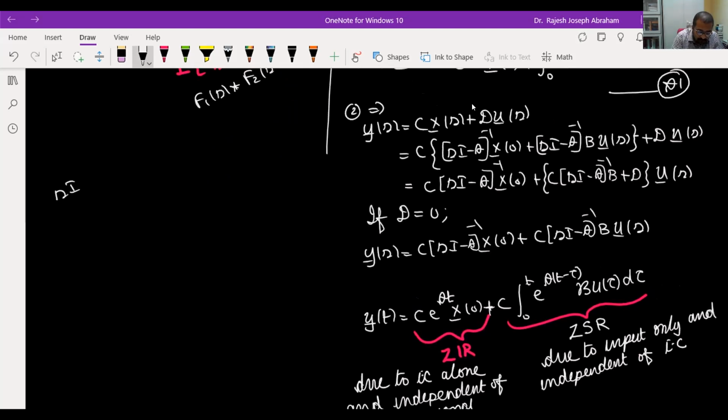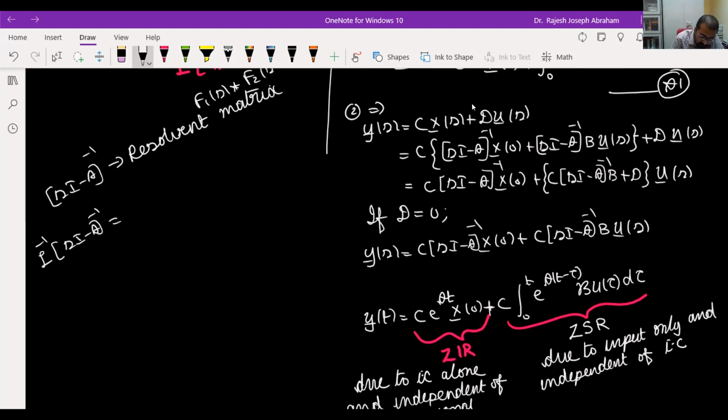Now, when we derived these things, we came across the term (sI minus A) inverse. That is called the resolvent matrix. The inverse Laplace transform of (sI minus A) inverse is nothing but e raised to at, or more commonly, we indicate that with phi of t.